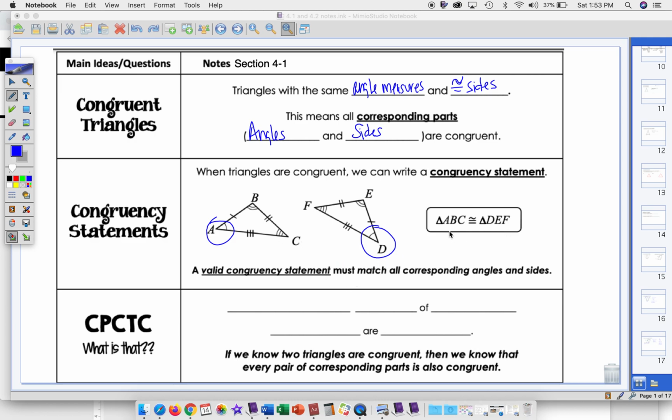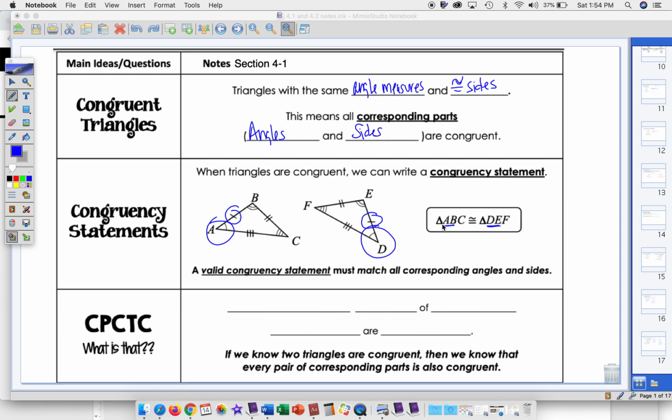Also notice the sides. If I look at side AB, I should see the same congruency marking as DE. So here's AB and here's DE. Also for BC, has the double tick mark, and EF has the double tick mark as well.